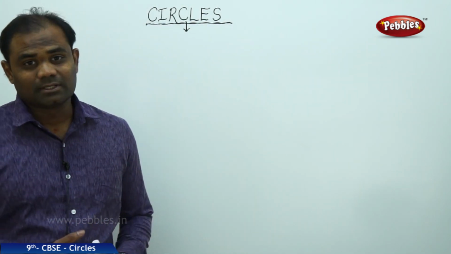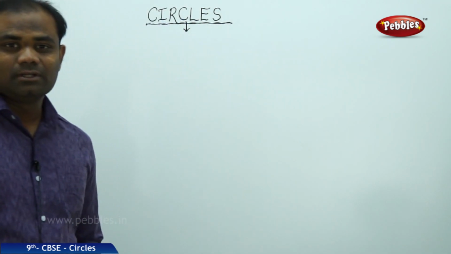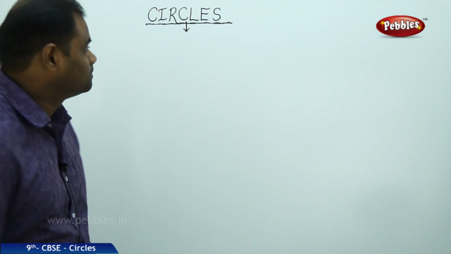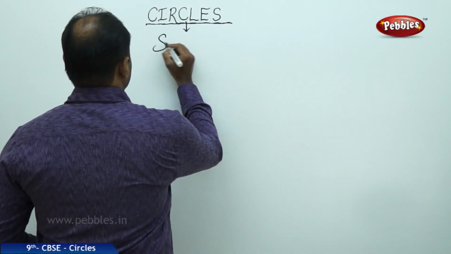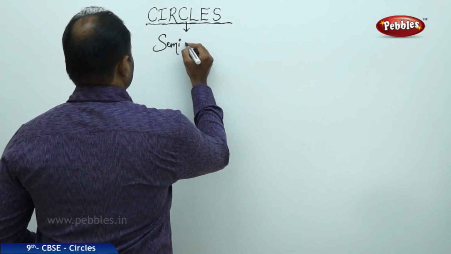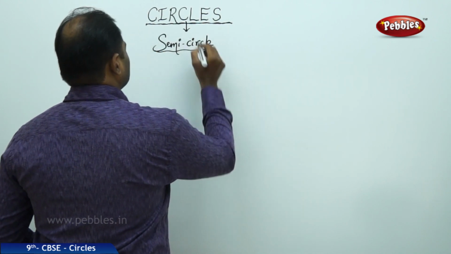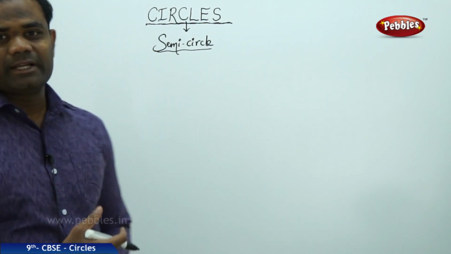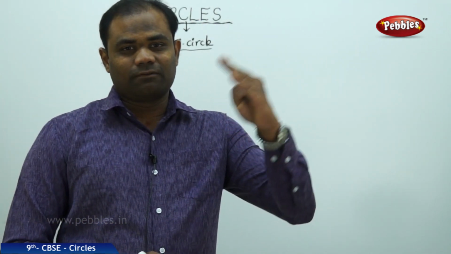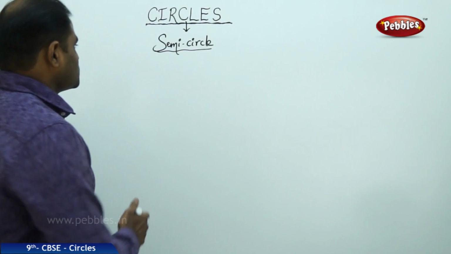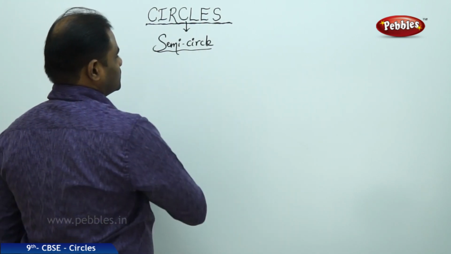Now comes the discussion of semicircle. Let's see how a semicircle is defined through the diameter for the circle. Semicircle versus the circle. So the word semi itself says exactly half of the previous circle. So semi is half of the circle.